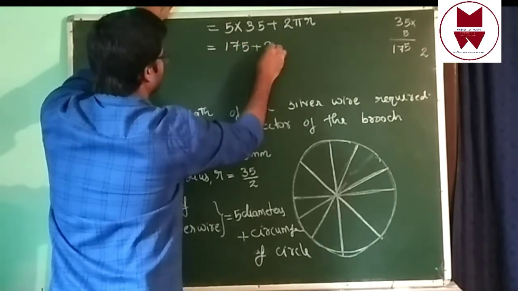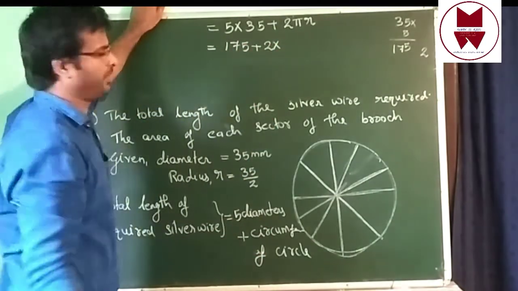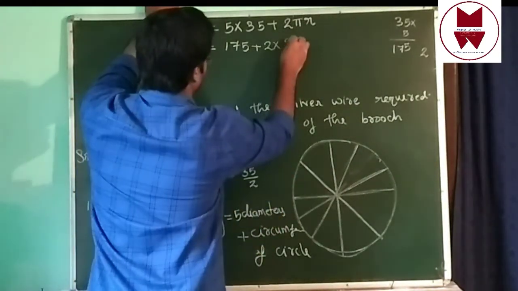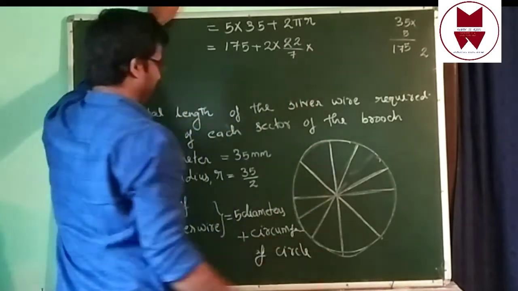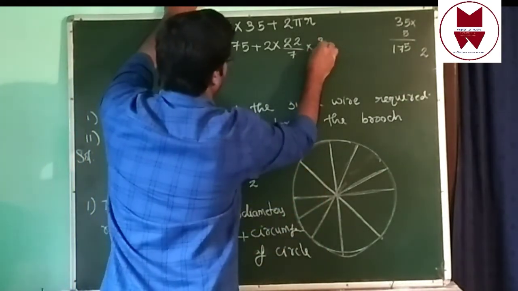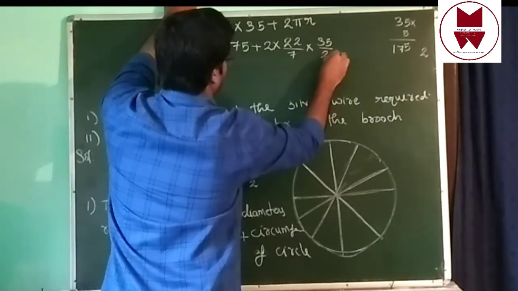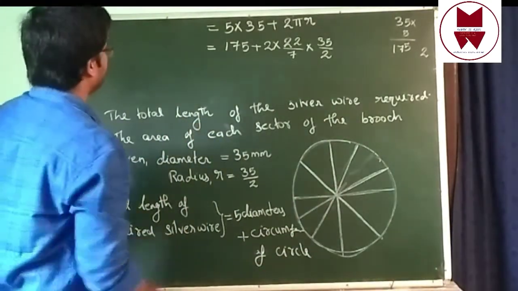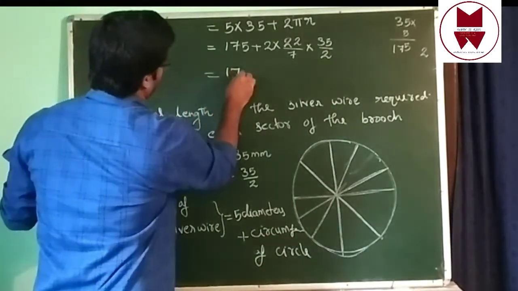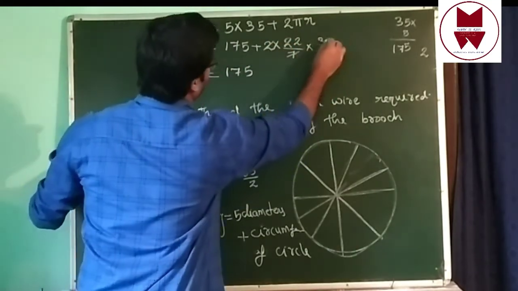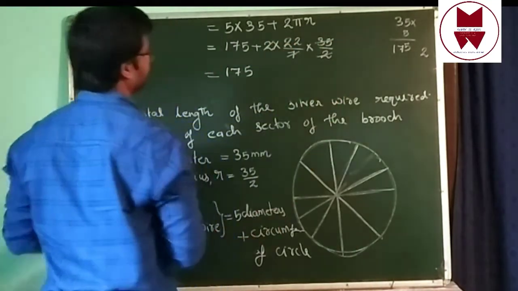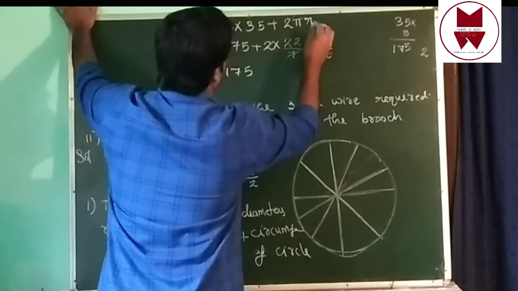175 plus 2 into pi. Pi value is not given, that means you have to use 22/7, into r. Radius is 35 divided by 2. Can cancel this 2 and 2. Then 7 and 35, in 35, 5 times.